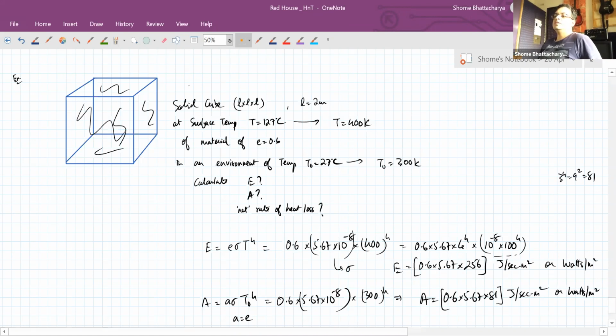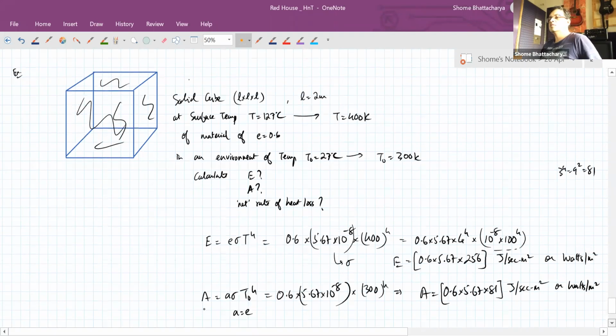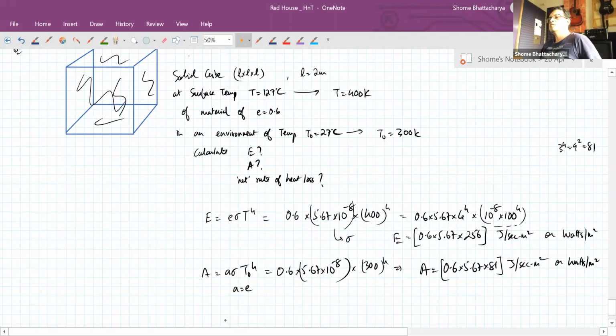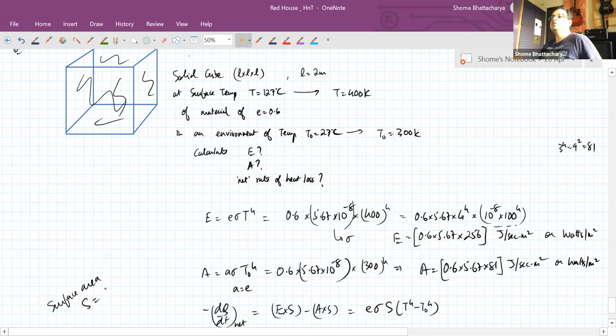Okay. And likewise, now the net rate of heat loss will become E sigma S into T raised to power 4 minus T naught raised to power 4. Now the surface area S over here will be 6 times L square. So 6 into 4, so 24 meters square. Okay. So we substitute that.